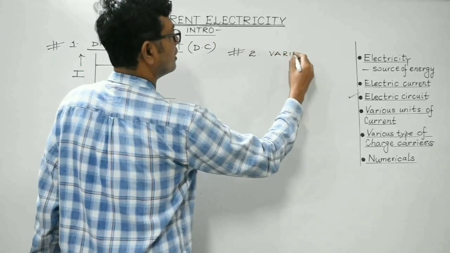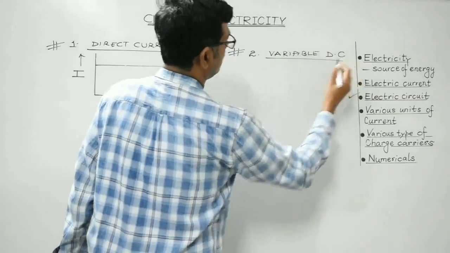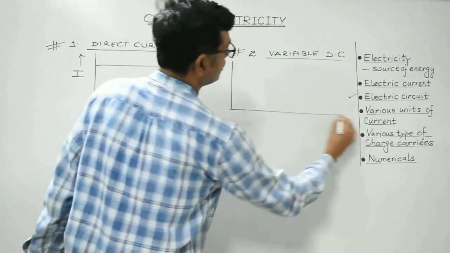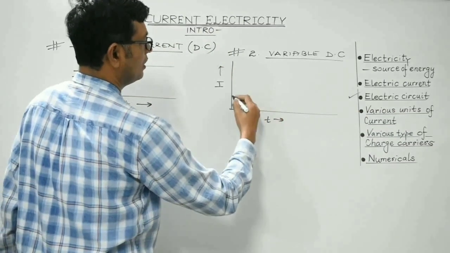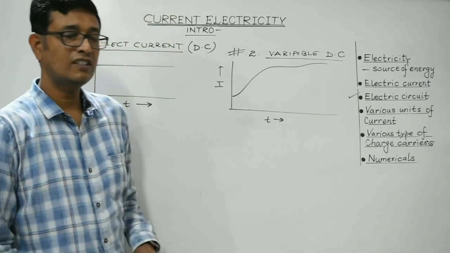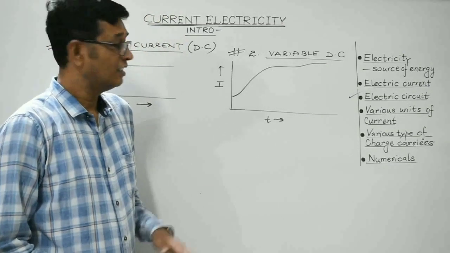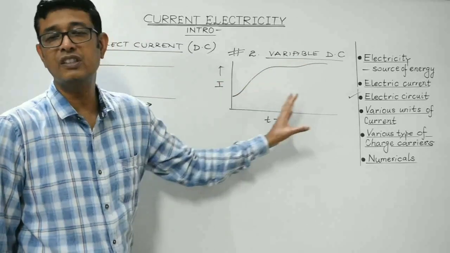variable direct current. Again, consider the graph. This is current, this is time. It can be like this. What does this graph suggest? This graph suggests that the magnitude of the current is changing with time.